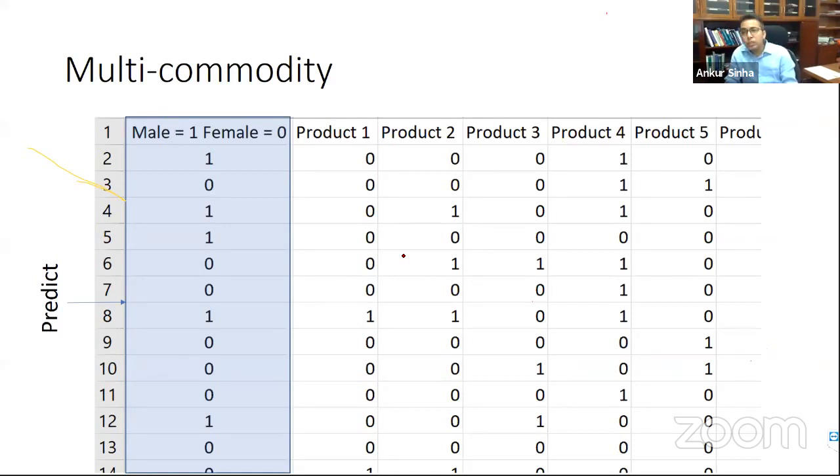And the company also knows whether the person is a male or a female. Now, next time, because of some regulatory issues, the company doesn't want the customers to answer this question whether the person is a male or a female. Now, the question arises: based on my past data, can I automatically figure out, based on the purchases of the person, whether the person is a male or female?